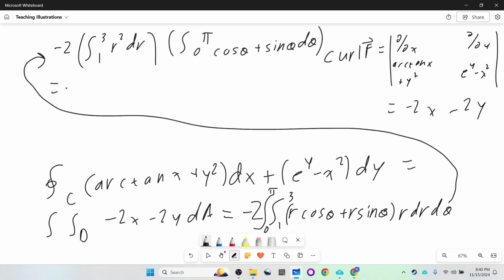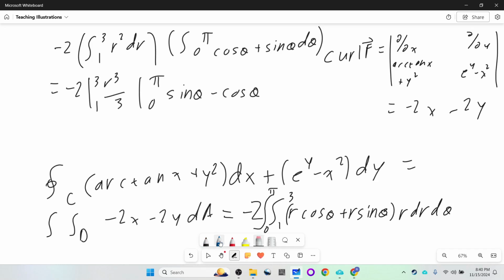which is -2. Then from 1 to 3 of r cubed over 3. Then from 0 to pi of sine theta minus cosine theta. Then -2. 3 to the third is 27 over 3 is 9, minus 1 to the third over 3 is 1/3.